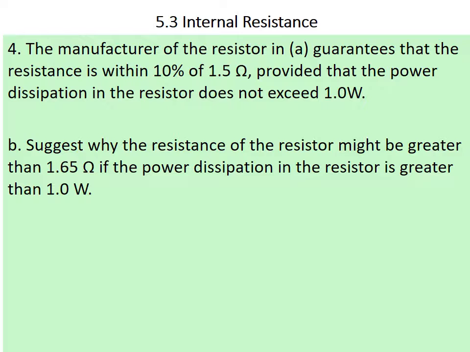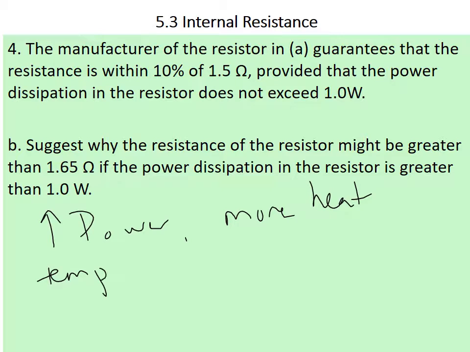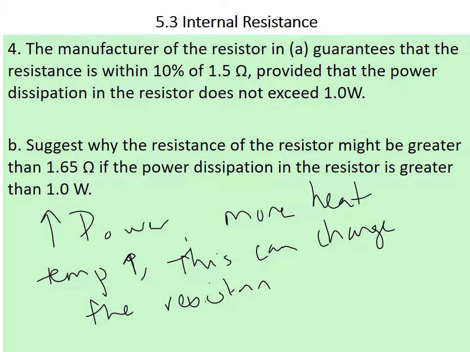Okay, so more power dissipated, the higher the power, more heat, which means that the temperature goes up. This can change the resistance. Hence, the manufacturer has specifications. It's 1.5 ohms if you're within 1 watt of power.